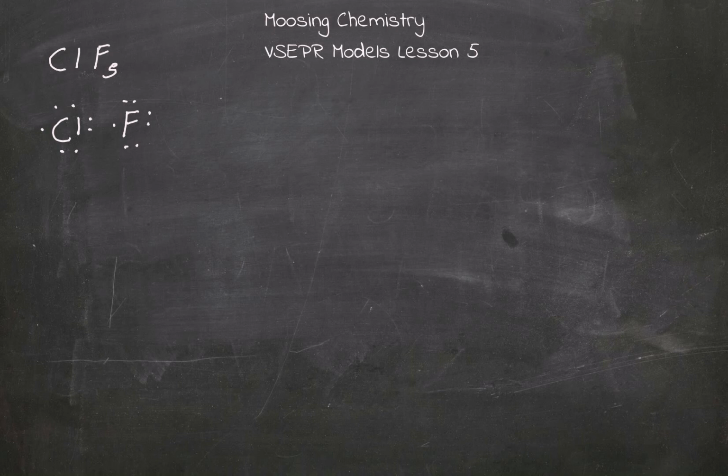But remember that fluorine is the most electronegative element out there, not chlorine. So we're going to use chlorine as our core. We have 1 chlorine at 7 valence electrons, and we have 5 fluorines at also 7 valence electrons. This gives me 35 valence electrons.